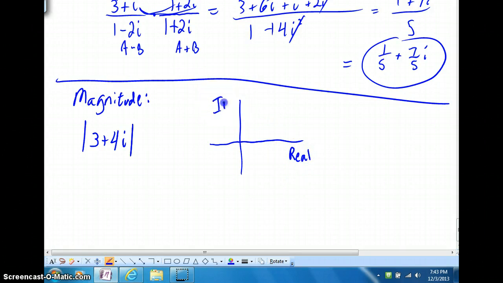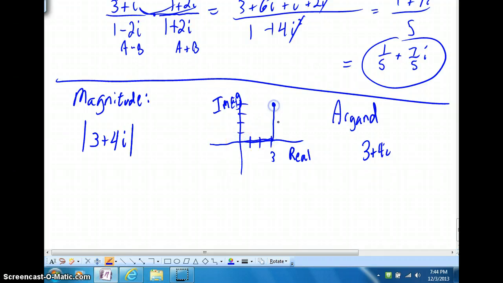And what I want to point out to you is that we have really a way of graphing a complex number. This is called an Argand diagram. An Argand diagram will have the real axis on the x-axis and the imaginary axis on the y. So 3 plus 4i can be thought of as a point, believe it or not. This is our ordered pair: 3 steps to the right, up 4.